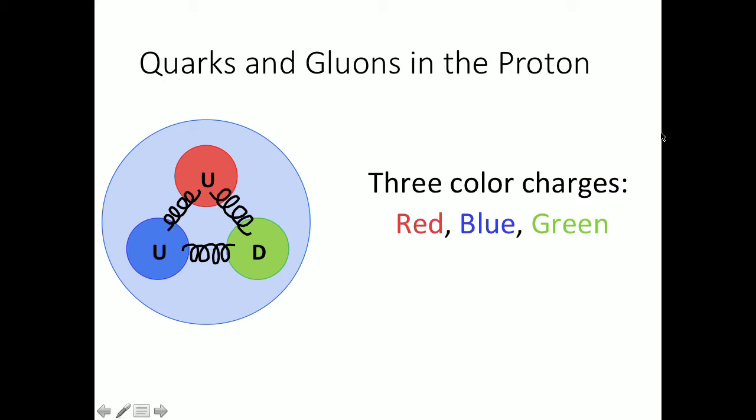So this proton is made up of 3 quarks, 2 ups and a down, and they have what are called color charge. So the electric force has a type of charge, we call it charge. For the strong force, it has 3 different types of charges, which we call colors. They're not physically colored, red, blue, and green. It's supposed to be an analogy to light, where you combine red, blue, and green light, and you get white, color neutral light.